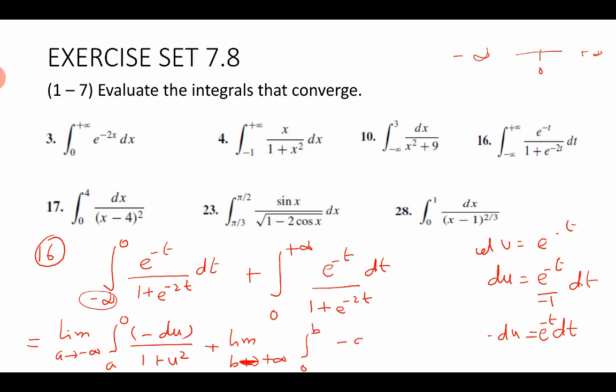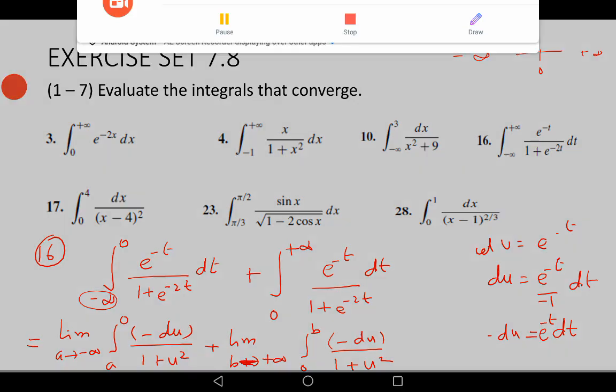This is again negative du over 1 plus u², and we should remember the formula that we used in the previous problem, tan inverse for 1 over x² plus a², isn't it? So the next step, I'm going to solve it step by step.